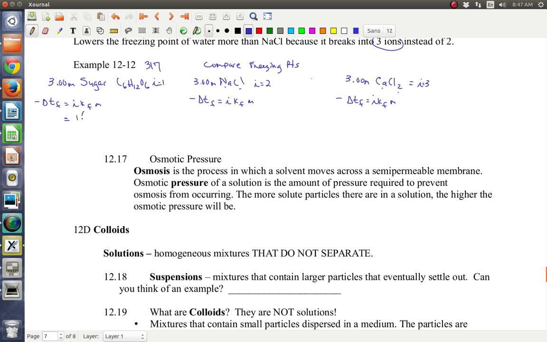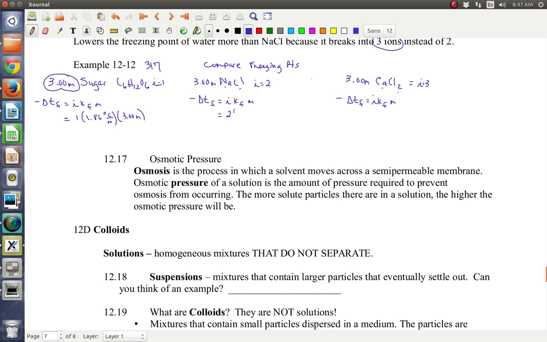So we're going to do 1 times the K sub f for water, which is 1.86 degrees C per molal. And they gave me the molality each time, so I don't have to figure that out. Times 3. So really the only thing that's changing in all these is the i value.